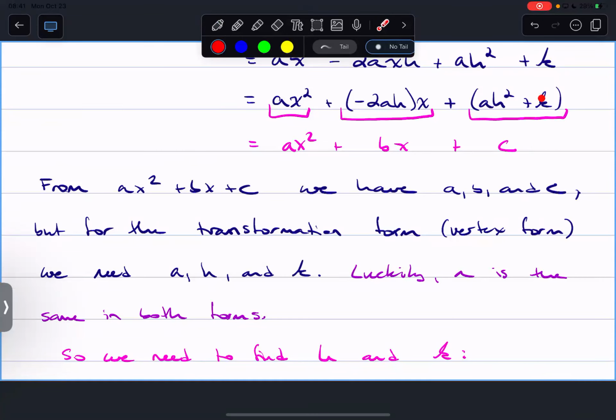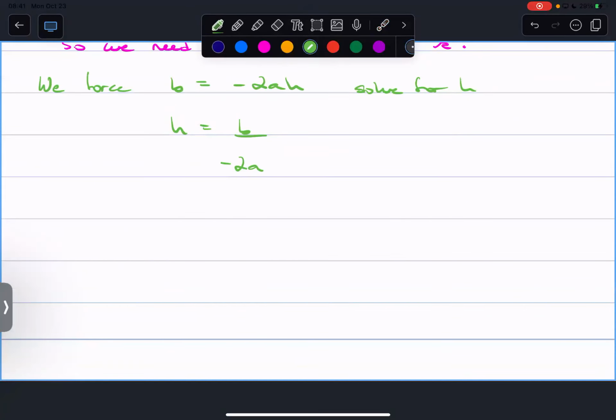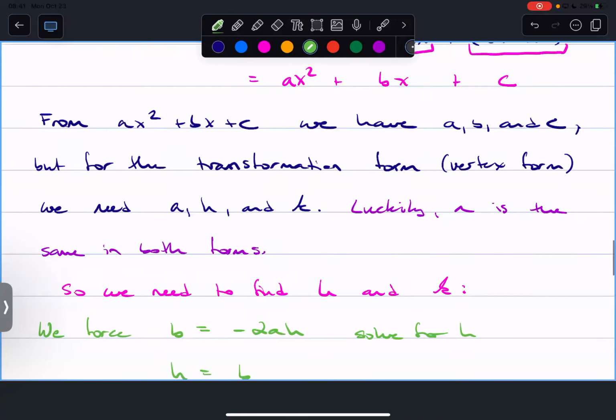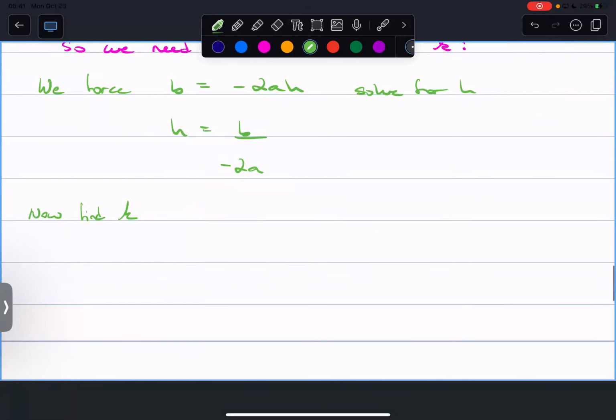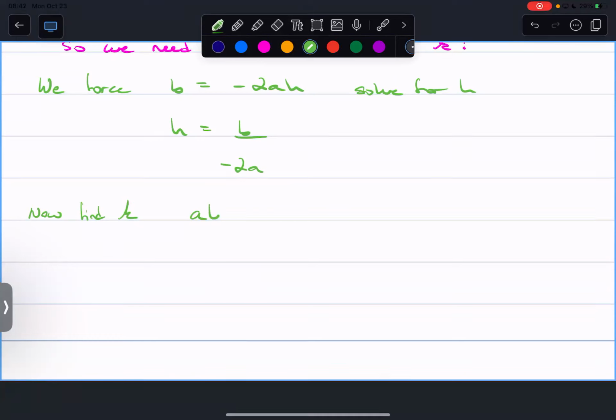I'm going to look for K. But also remember that we just found H in terms of B and A. So now find K by forcing AH squared plus K is equal to C.